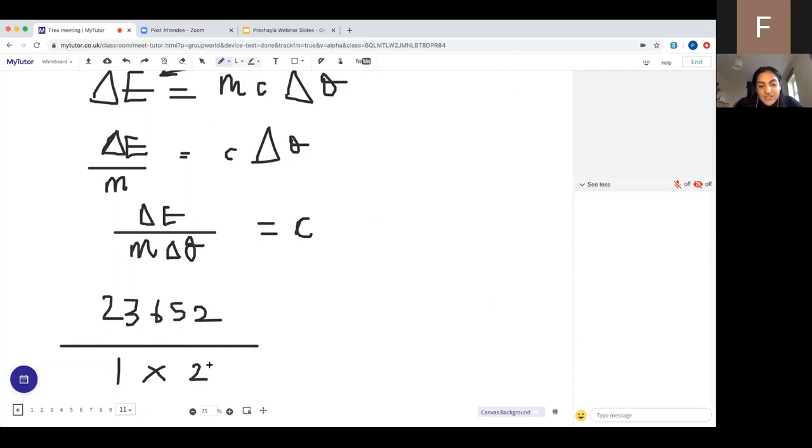So please, could you work out the specific heat capacity? So we're doing 23652 divided by 23, to get our final answer, the specific heat capacity.